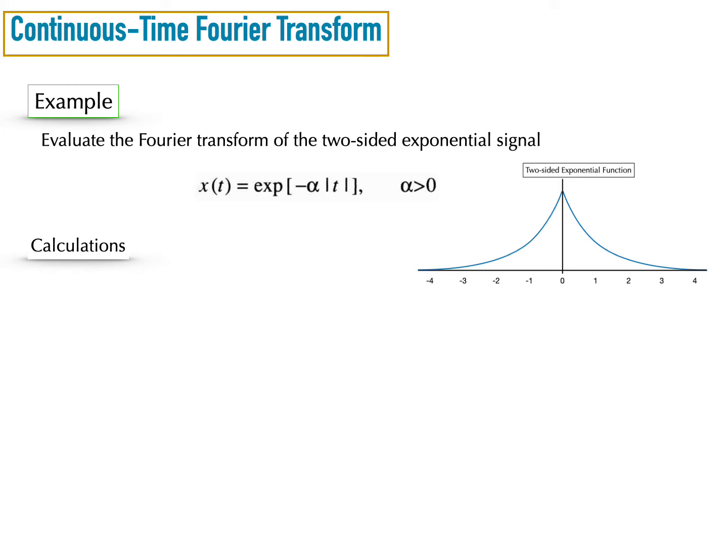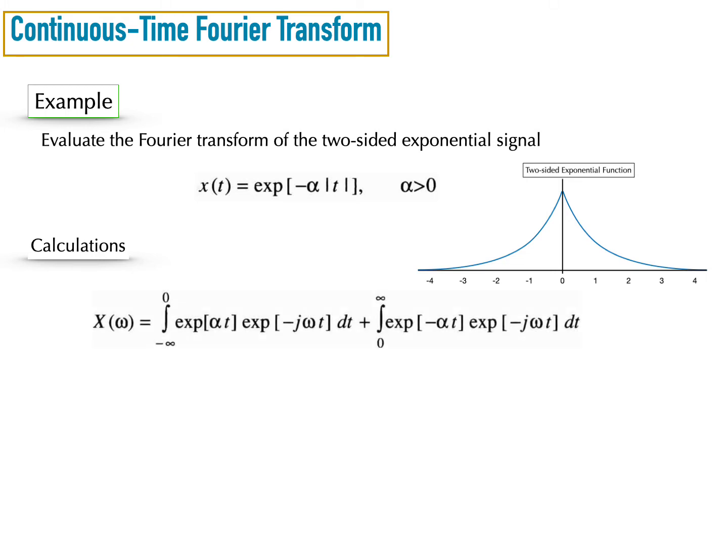Now we'll do exactly the same thing. We will multiply this function with exponential of minus j omega t, and then we split it into two halves, minus infinity to 0 and 0 to positive infinity. Because the actual integral is from minus infinity to positive infinity, we can split it into two, minus infinity to 0 and 0 to infinity.